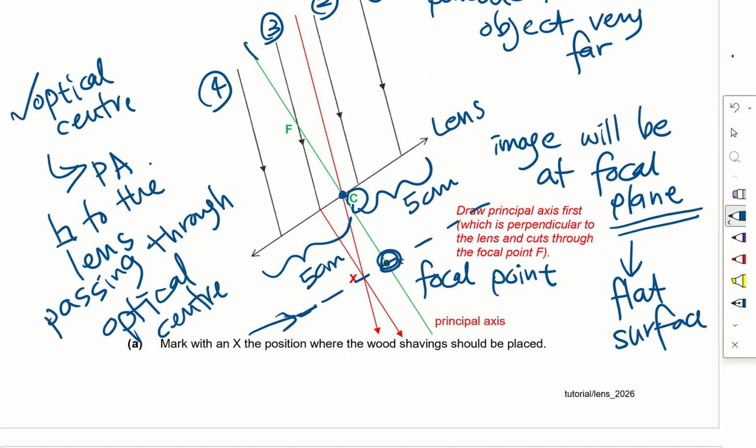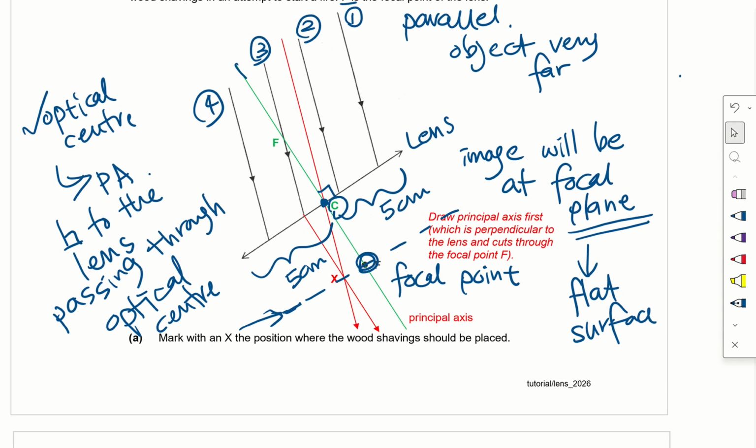So I draw this green line, which is passing through the optical center and perpendicular to the lens. So I put a 90 degrees here. Okay, and we find that rays 1, 2, 3, 4, none of them actually passes through the optical center. So I need to draw my favorite light ray, which is the one that passes through the optical center, which is this ray number 5, the red color one.